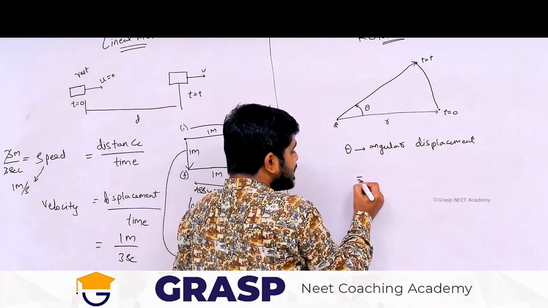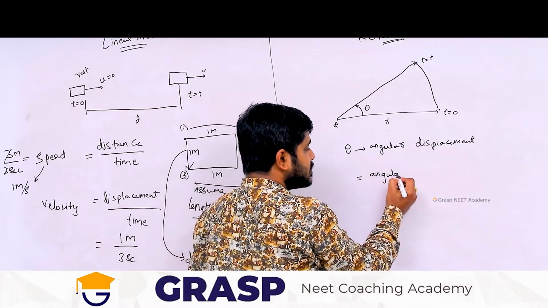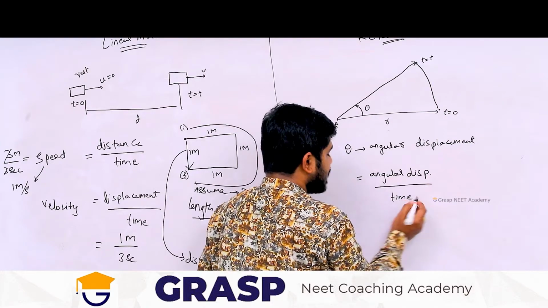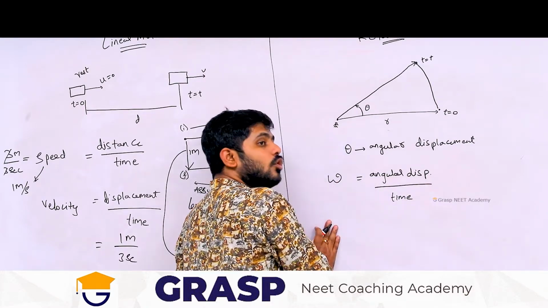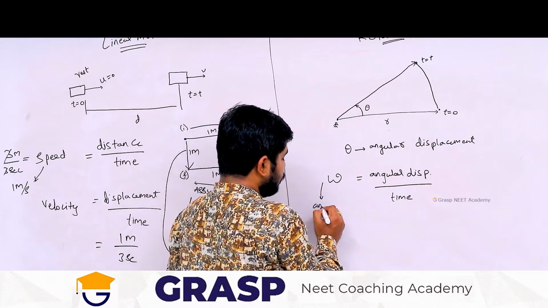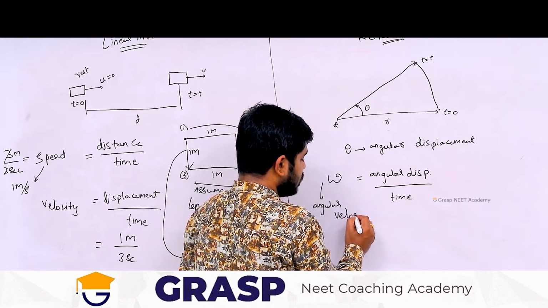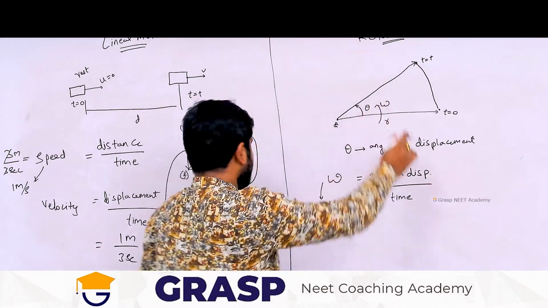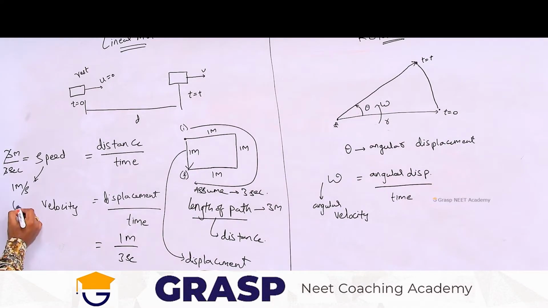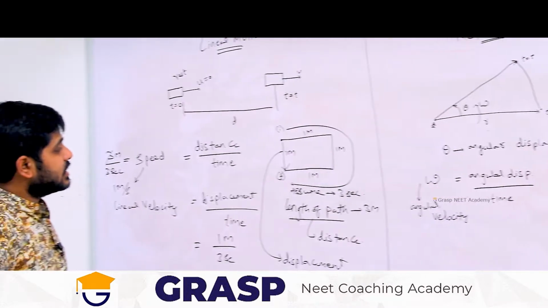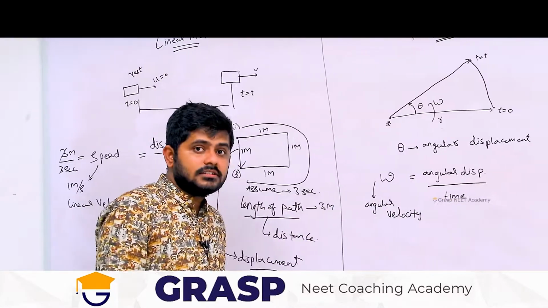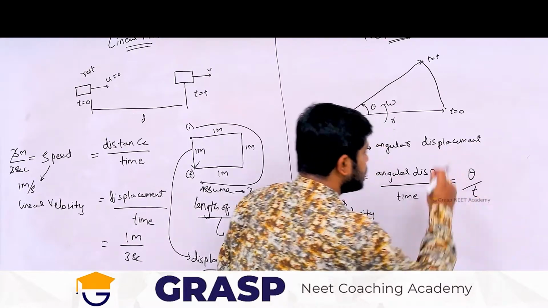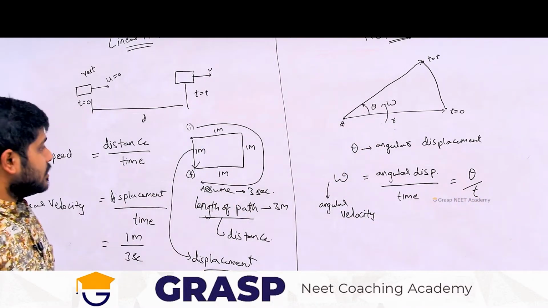Angular displacement divided by time taken we take as angular velocity, omega. So, here we have linear velocity, and here angular velocity. Angular velocity we write as theta by t.